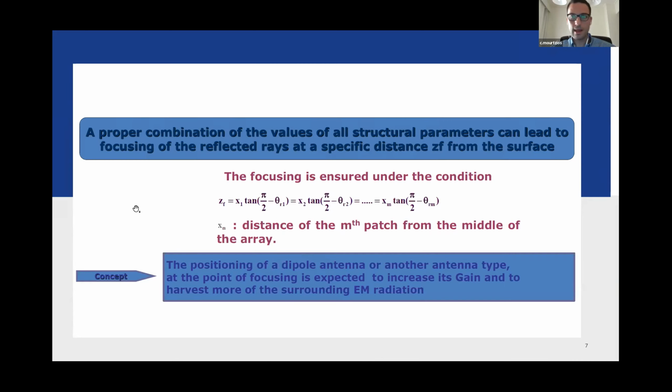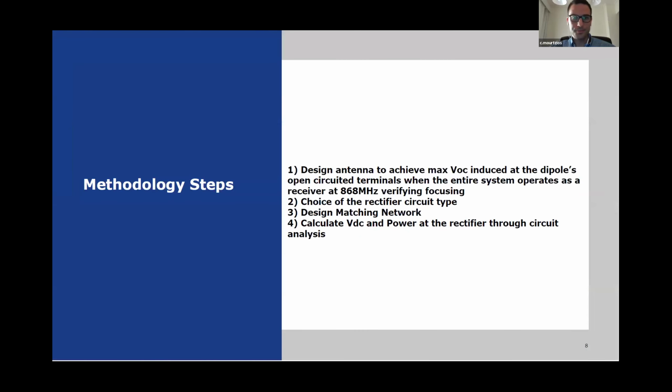The concept behind these designs is to position a dipole or any other kind of antenna at this specific point of focusing in order to increase the gain and harvest more of the surrounding radiation.